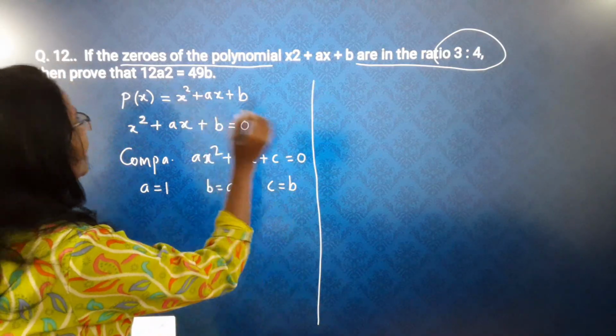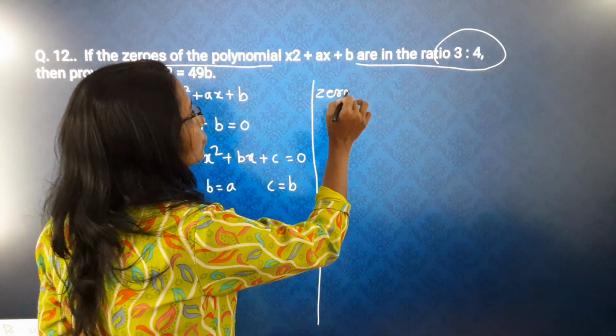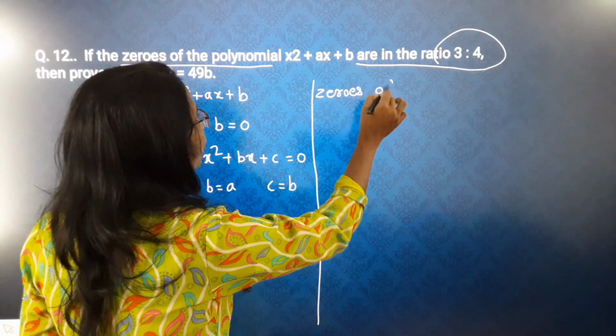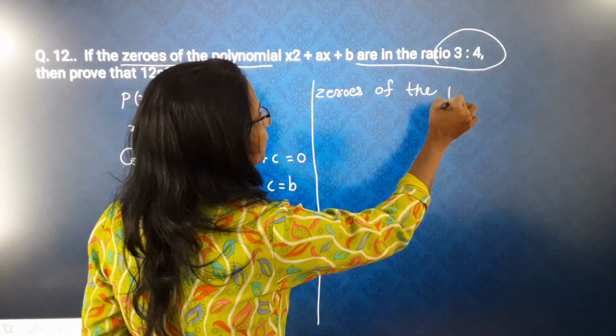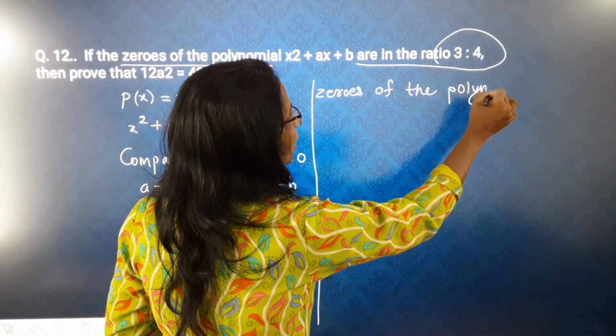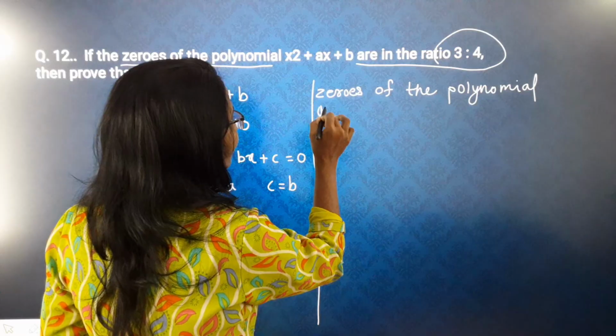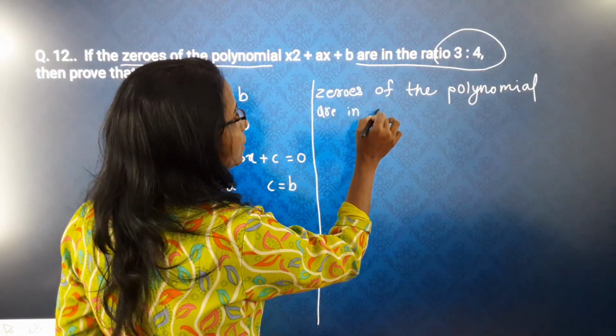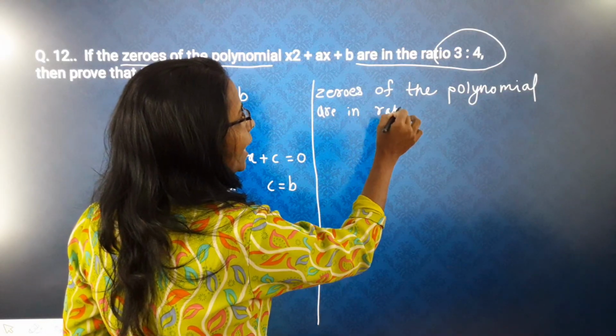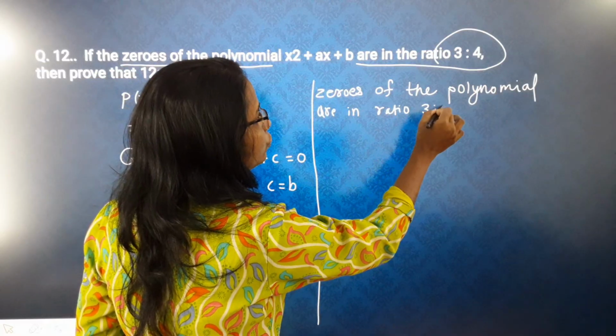So here I write the zeros of the polynomial are in ratio 3:4.